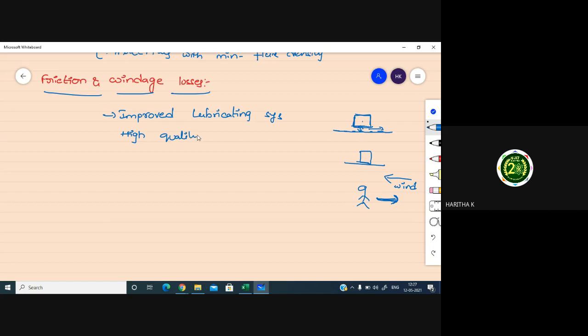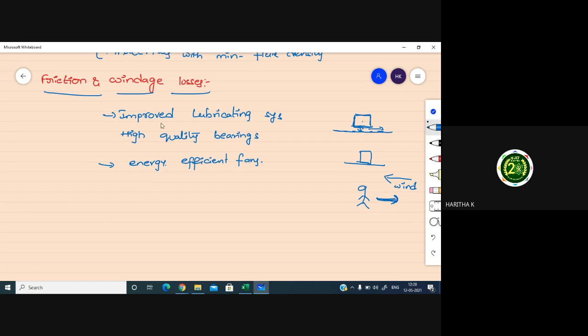By using these two, we can reduce the frictional loss. And how can we reduce the windage loss? By using energy efficient fans, we can reduce the windage losses. So this is about friction and windage losses.